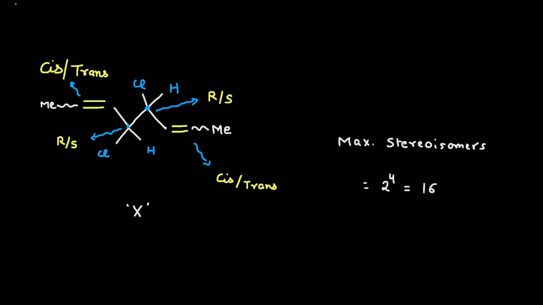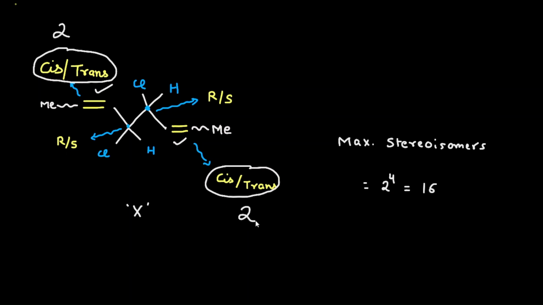Once you come to this issue, you find that there are double bonds, one double bond, two double bonds. Here you can get a possibility of cis, you can get a possibility of trans. Here also you can get a possibility of cis and a possibility of trans. So two possibilities here, two possibilities here.